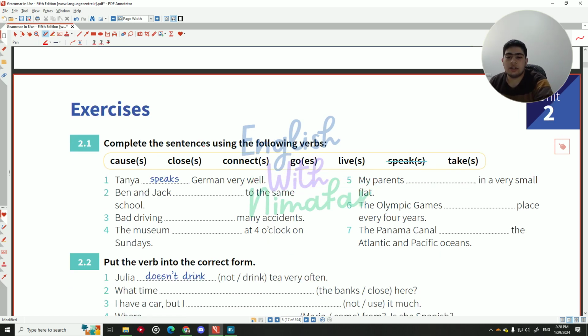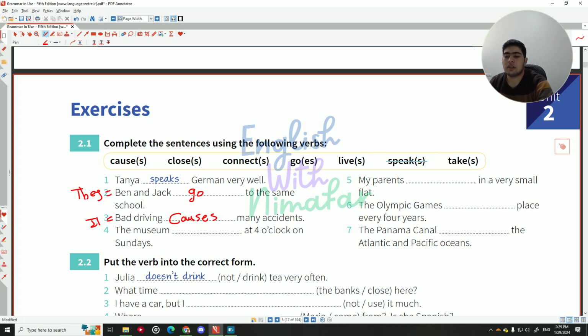Complete the sentences using the following verbs. Tanya speaks German very well. Ben and Jack go to the same school. Ben and Jack here means they. Bad driving causes many accidents.